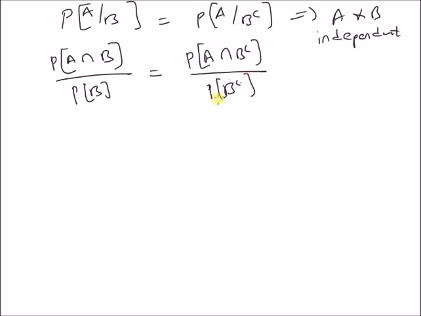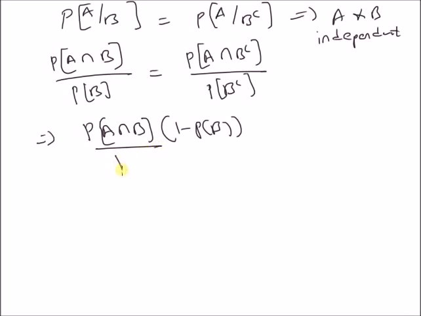Now since probability of B complement is equal to 1 minus probability of B, we can rewrite this equation as, probability of A intersection B multiplied by 1 minus probability of B, divided by probability of B, is equal to probability of A intersection B complement.